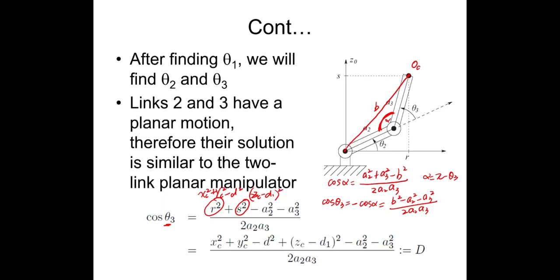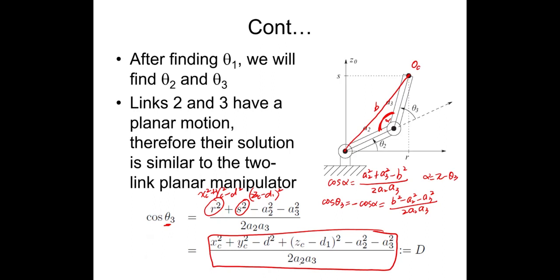So in total we have cosine theta 3 equals this term, and you can quickly calculate theta 3 by taking the arccosine of this whole term.